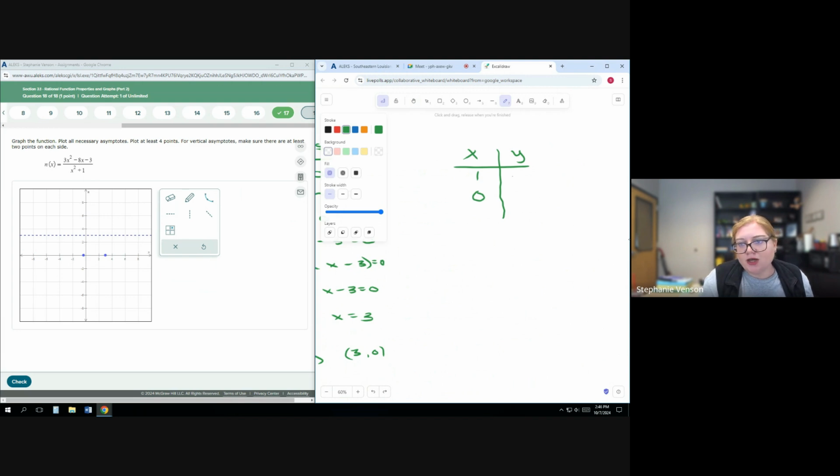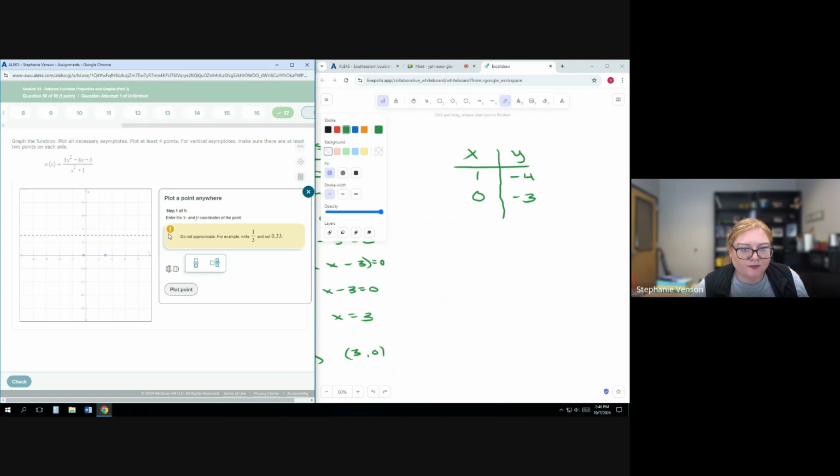So apparently at 1, the y value is -4. And then if I plug in 0, it's going to give me -3, but you can take a second to plug it in if you want to, just to check it. Yeah, -3. Okay, so those are the extra 2 points that I need.